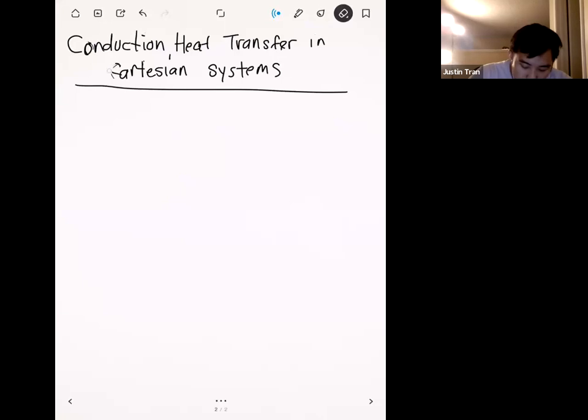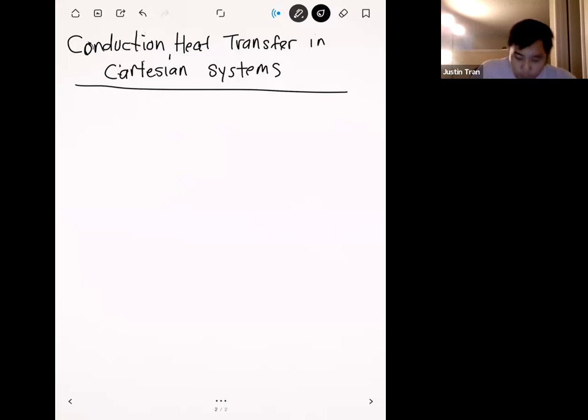They follow the basic XY coordinate system, or in our case, it's just going to be one dimensional, so just X. At the end of next week, we're going to look at polar systems, which means cylindrical and spherical coordinates. But first, we're going to start with Cartesian because that's the simplest thing to do.